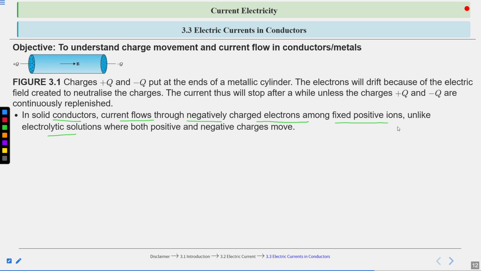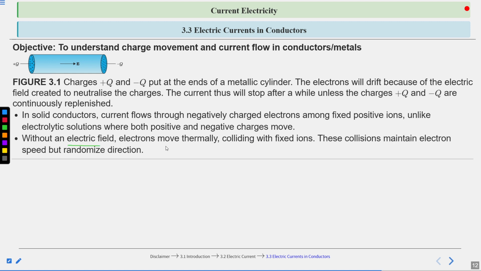Unlike in an electrolytic solution, where there are both positive and negative ions, and current is due to both positive and negative ions moving.